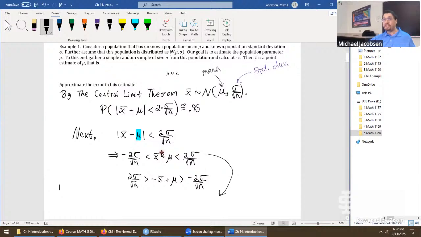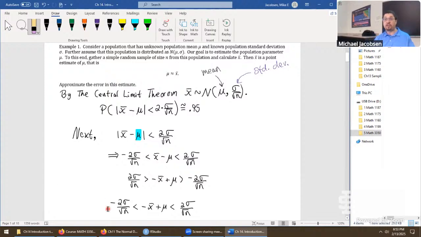Usually when you multiply an inequality like this by -1, what you really do is you take that, make it negative, -2 sigma over root n, you still say less than, you multiply this by your negatives, negative X bar, now positive mu, keep the same directionality less than, multiply this by -1, and you get 2 sigma over root n. But that's just equivalent to doing it this way, and then just reading this out, writing it in that same corresponding way. So I just really rewrote this going right to left.